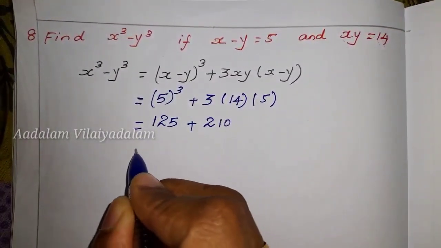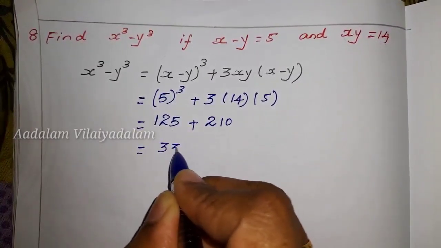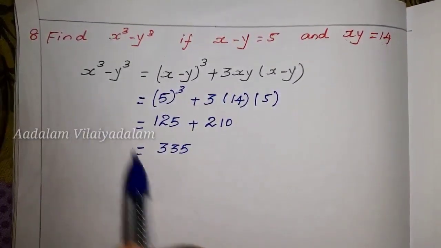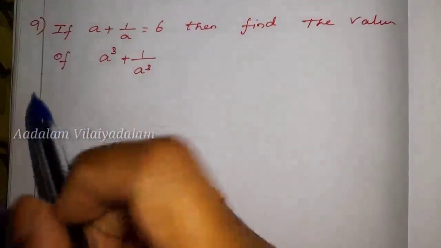So 125 plus 210, 335. So the value of x cube minus y cube equal to 335.